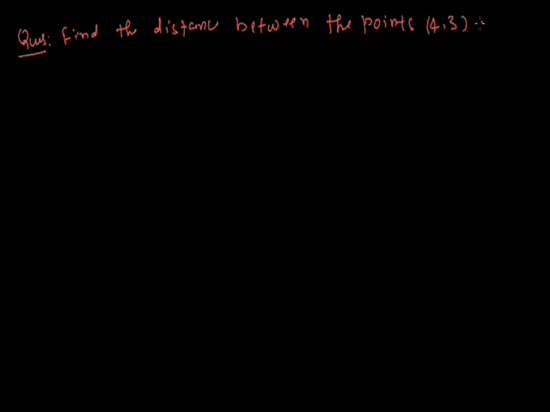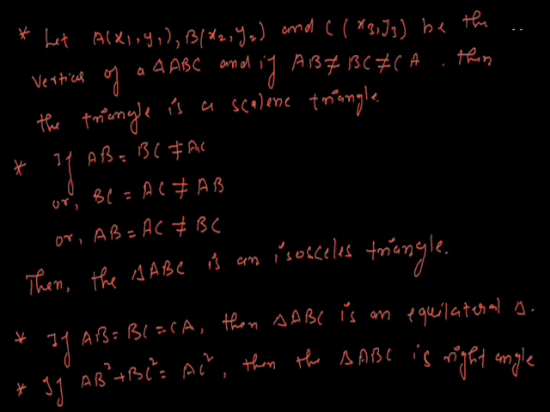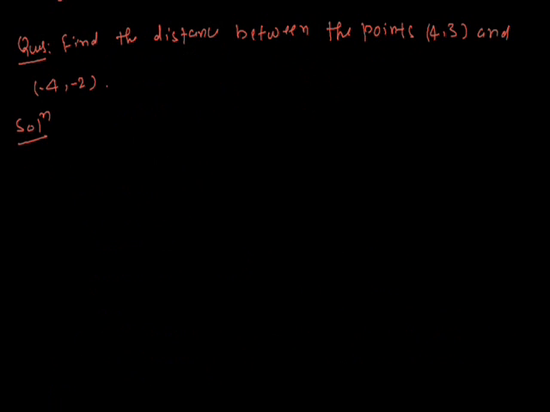Firstly, we go to some examples. Find the distance between the points (4, 3) and (-4, -2). Here we have to find the distance between these two points.